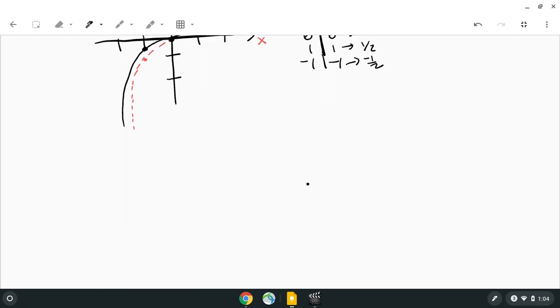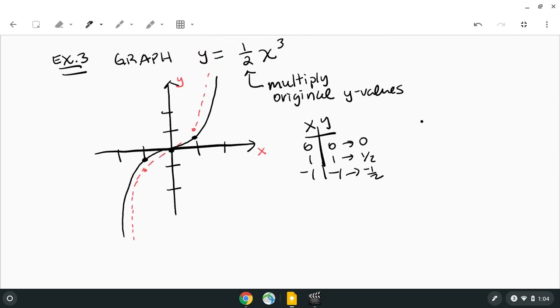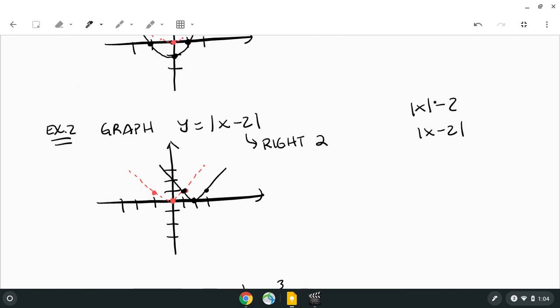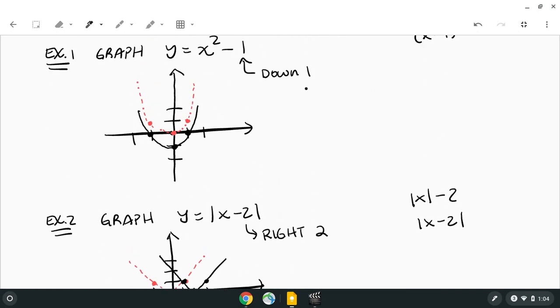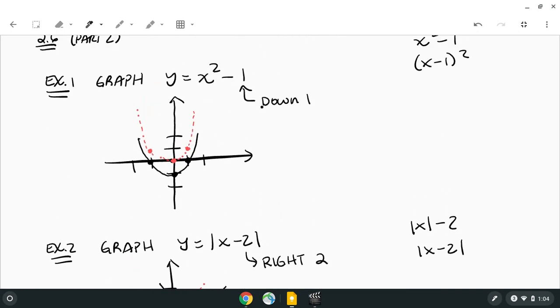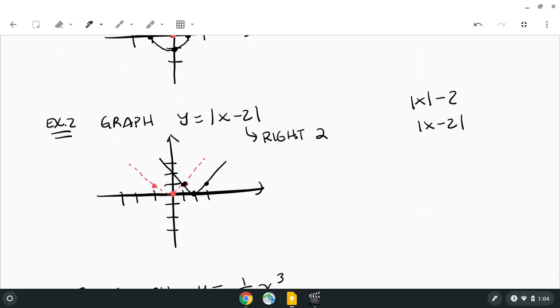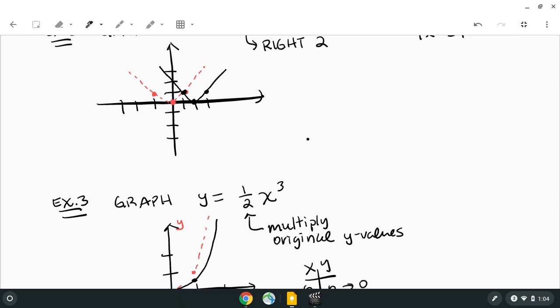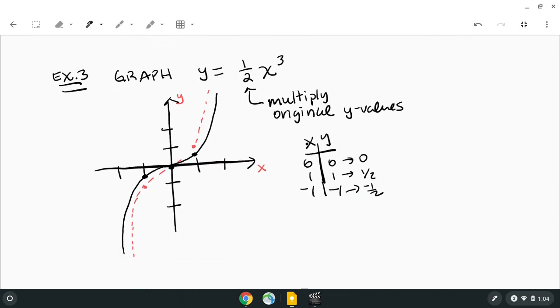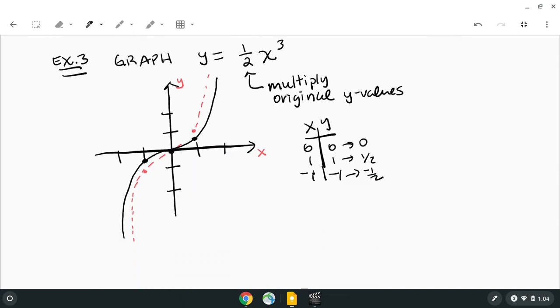All right, let's take a look at another example. All three of these examples here have only one of those transformations. This is just a shift down one. This is just a shift right 2. This is just a transformation multiplying by 1/2.